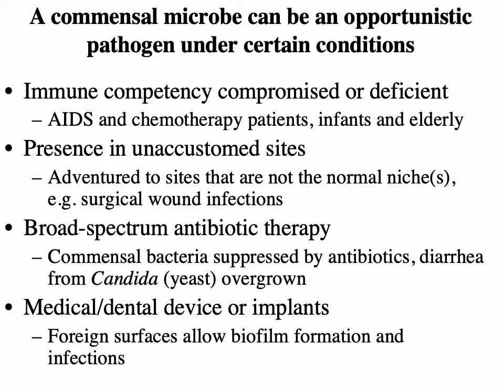Then a chemotherapy patient: when a person is under chemotherapy or radiation, it will take out a lot of the immune cells and weaken the immune system, and they're very susceptible to infection by normal microbiota. Then you have infants whose immune status is not well developed, so they are more prone to get infectious disease, even some by the normal microbiota. Elderly, the same case. So that's number one.